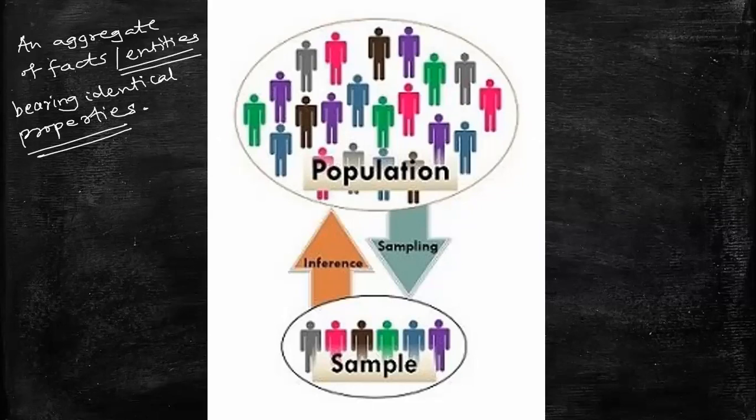You can define an attribute or a variable of interest, note the value of that variable for every entity in the population, and then come up with a result, which is going to be the most reliable and accurate conclusion about the entire population.